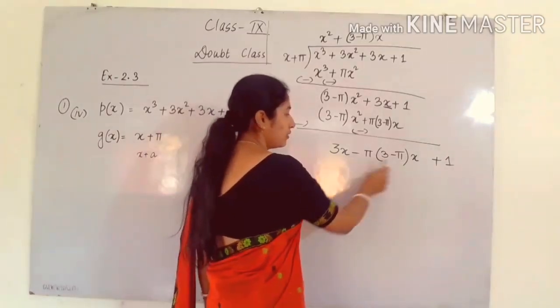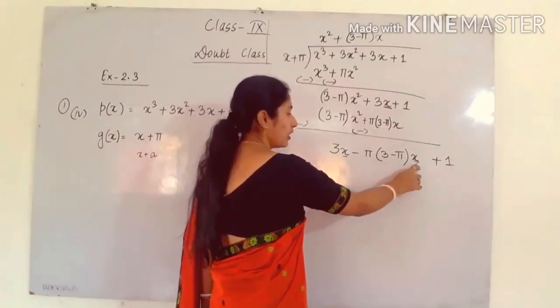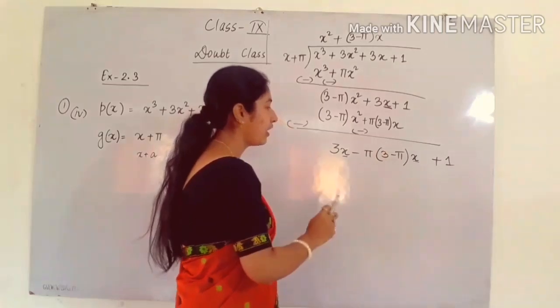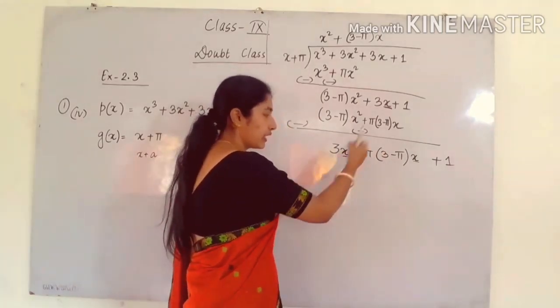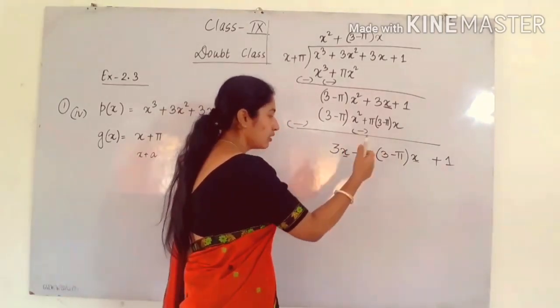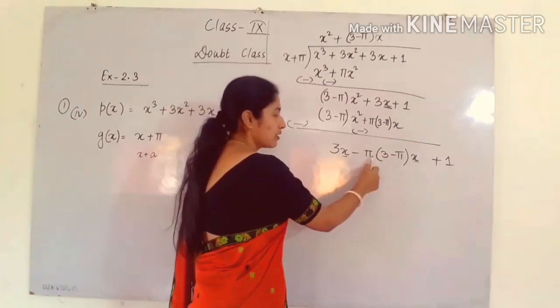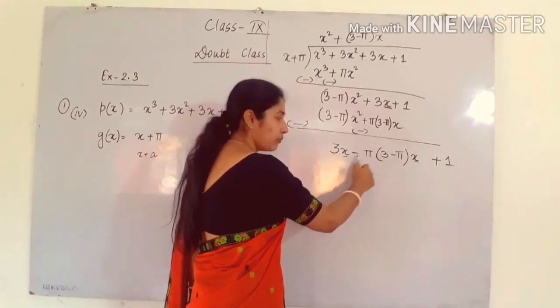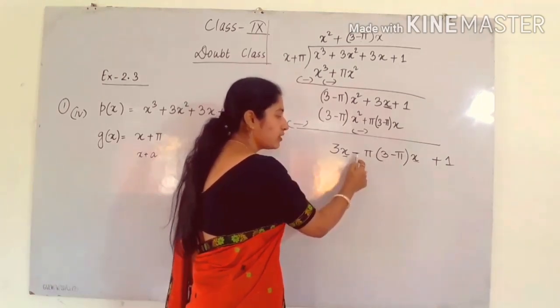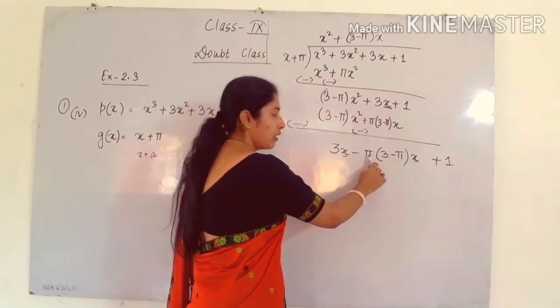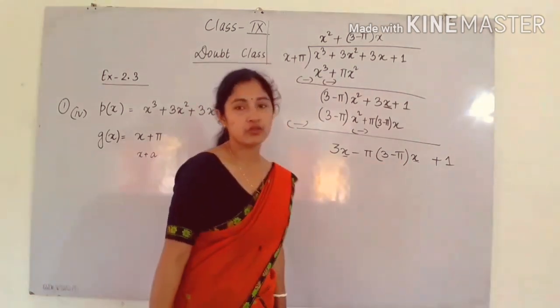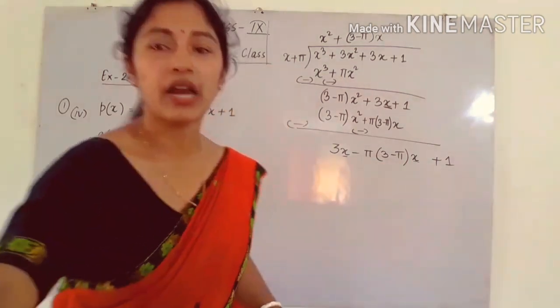So what is common? See here, x is common. So inside the bracket you will have 3, because we are taking x as common outside the bracket. So the first term will be 3. Next will be minus pi into 3, that is minus 3 pi. Next will be minus pi into minus pi, so plus pi square. This will be the term inside the bracket.